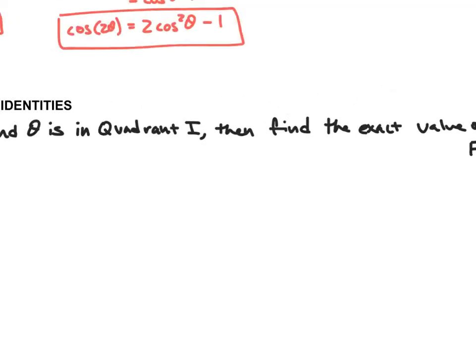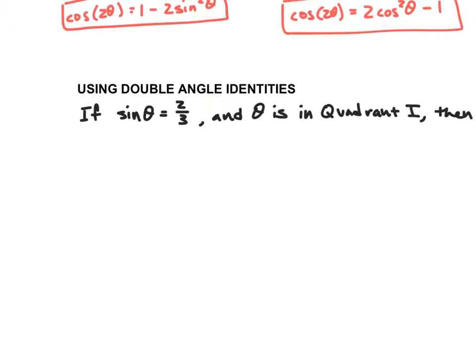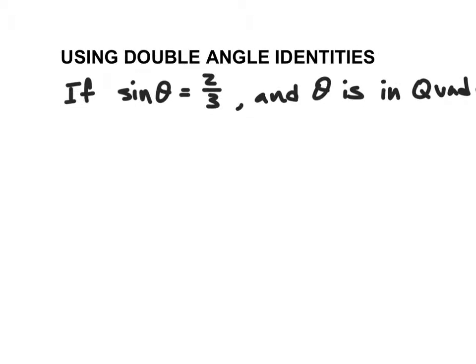Okay, so the first one we want to find is, let's just find the value of, say, sine of 2 theta. Okay, so given we want to find sine of 2 theta.